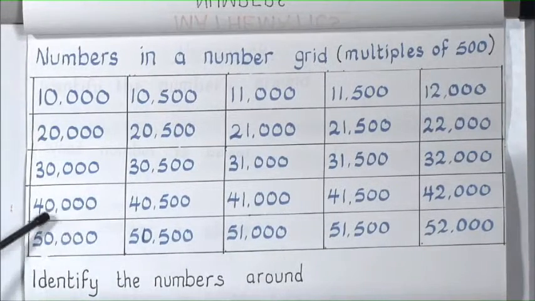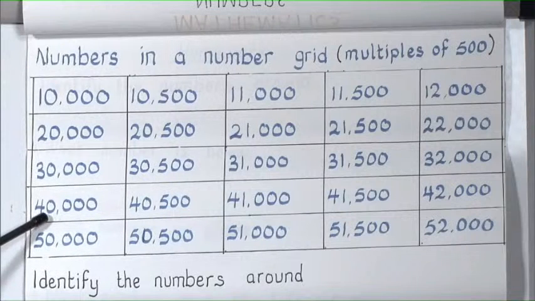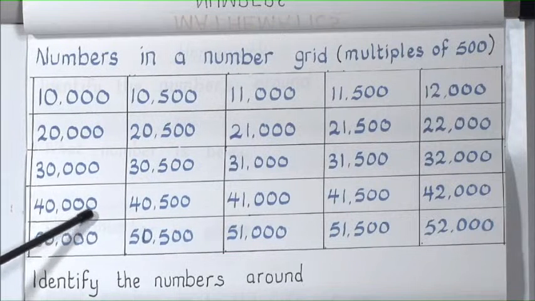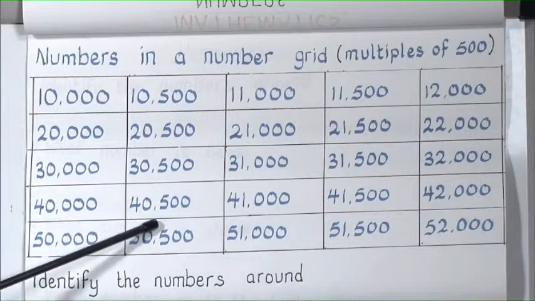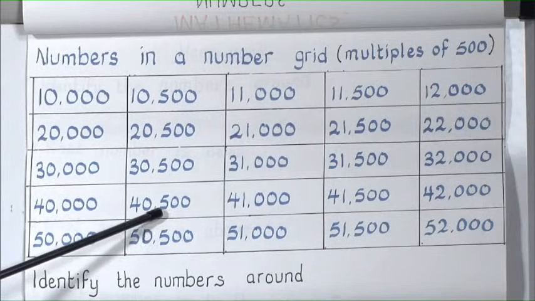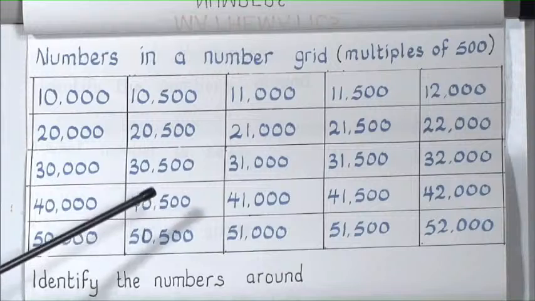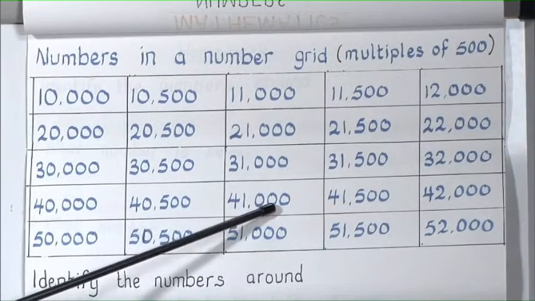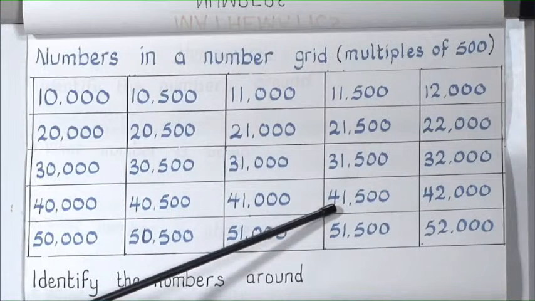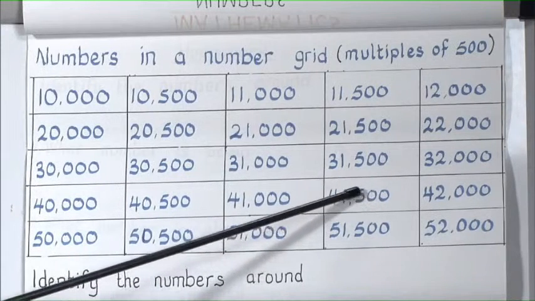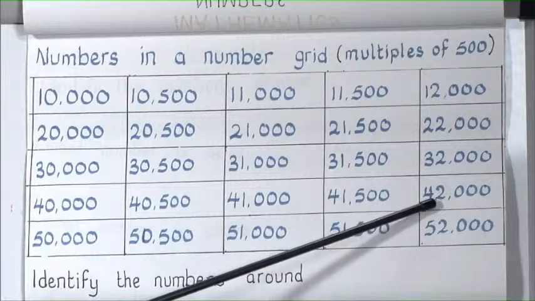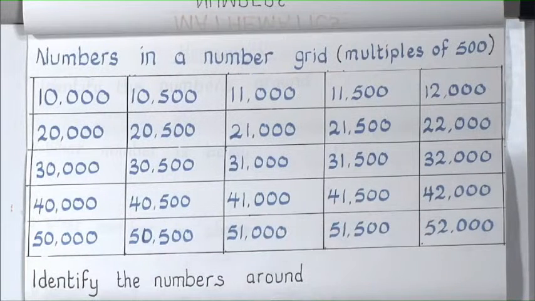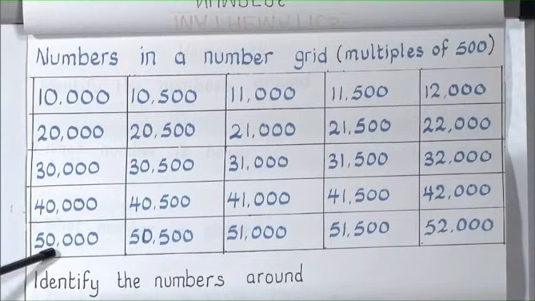Now let's come to this one. Now we have 40,000. When you add 500 to it, we are going to get 40,500. When you add another 500, you are going to get 41,000. When you add another 500, you are going to get 41,500. The next one, when you add 500, you get 42,000. Then let's come to this one. Here we have 50,000.